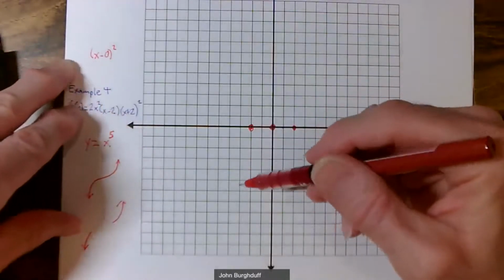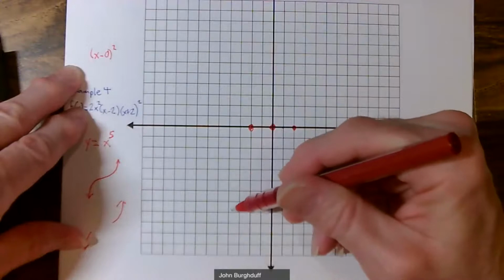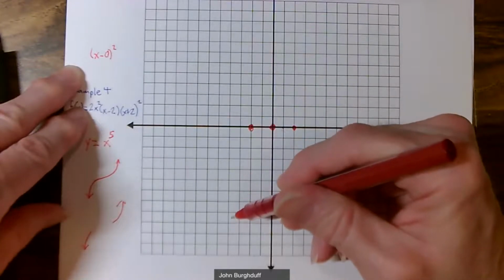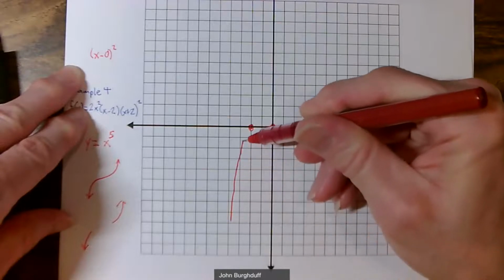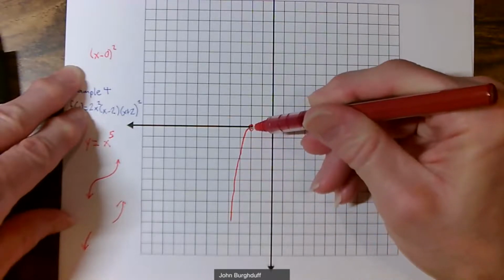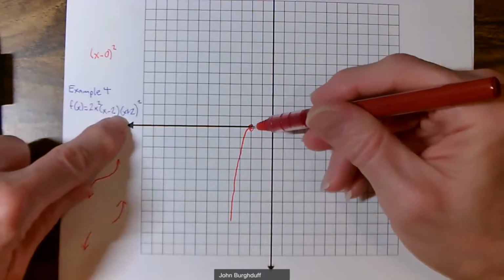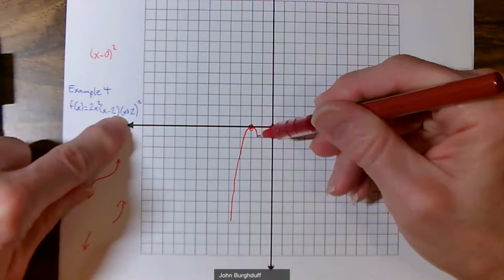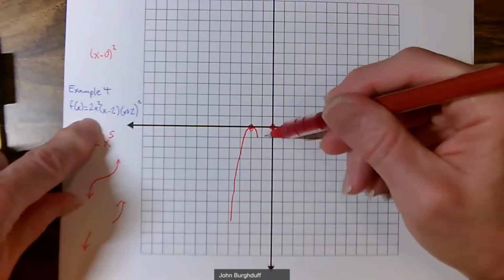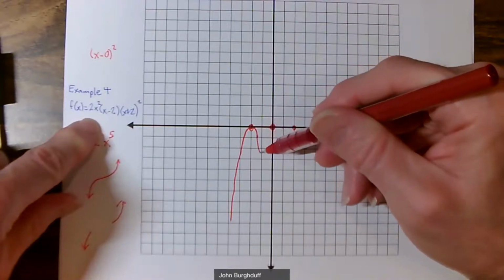We traced it by hand, but again, being more careful. We're coming up from the bottom like this because of our end behavior. As I get to that x-intercept, because the multiplicity is even, I touch the axis like a parabola. I can't go very far because I got to come back up to this point. So I go down a little bit, back up.